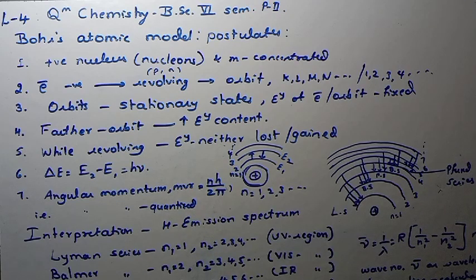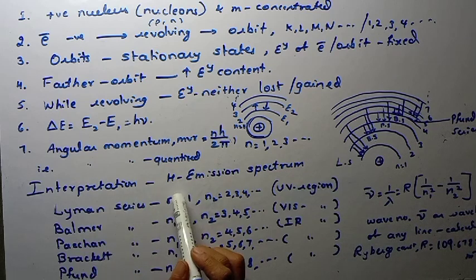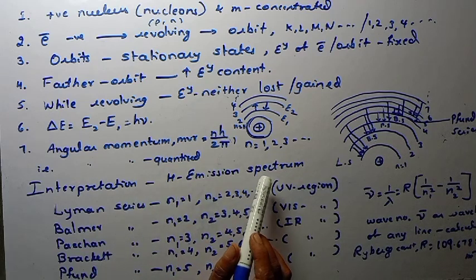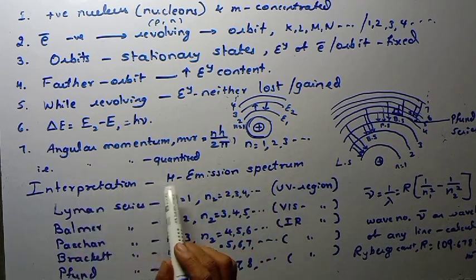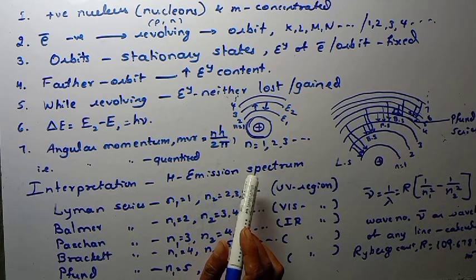So now with this, we'll move on to the next one, that is the interpretation about the emission spectrum of the hydrogen atom.